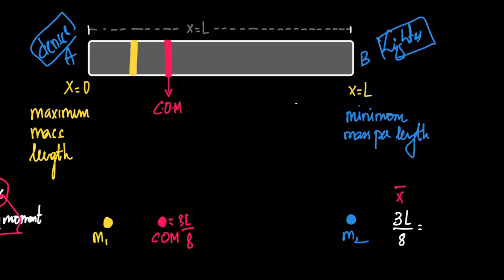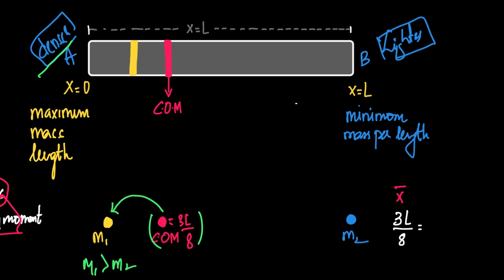And again, we come to the conclusion that the center of mass is always closer to the mass which is denser or which is heavier. Why? Because here m1 was greater than m2 and therefore center of mass will be closer to m1.